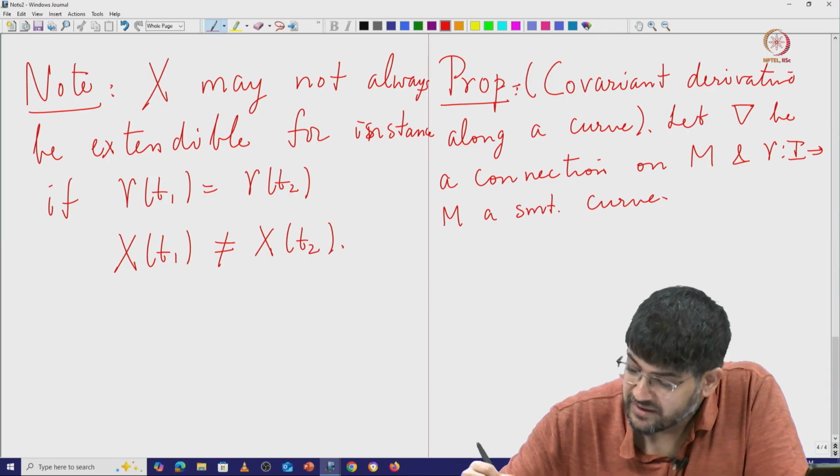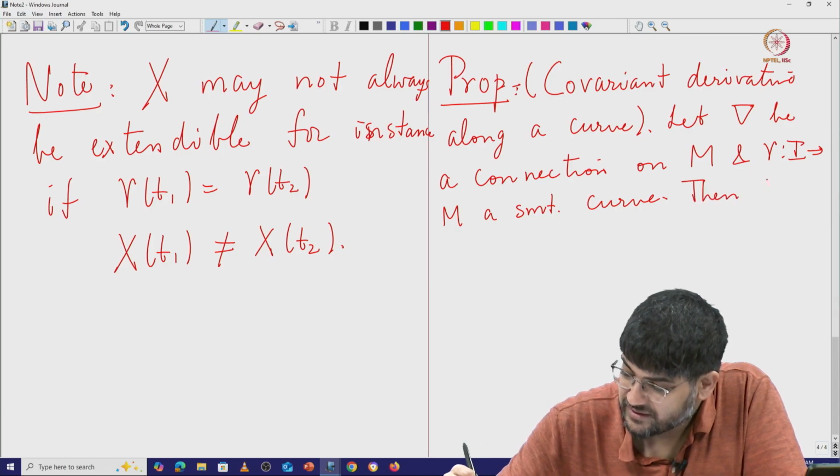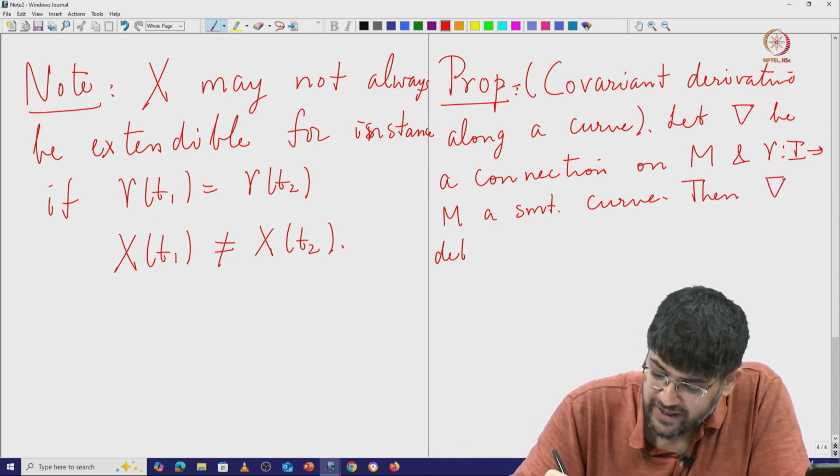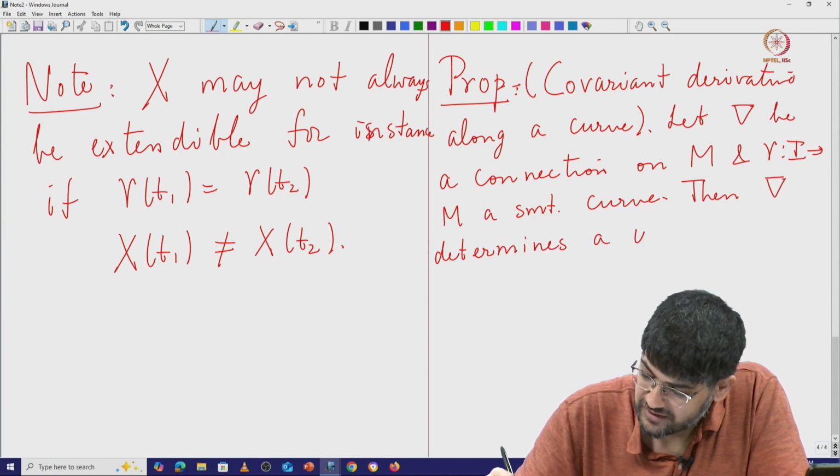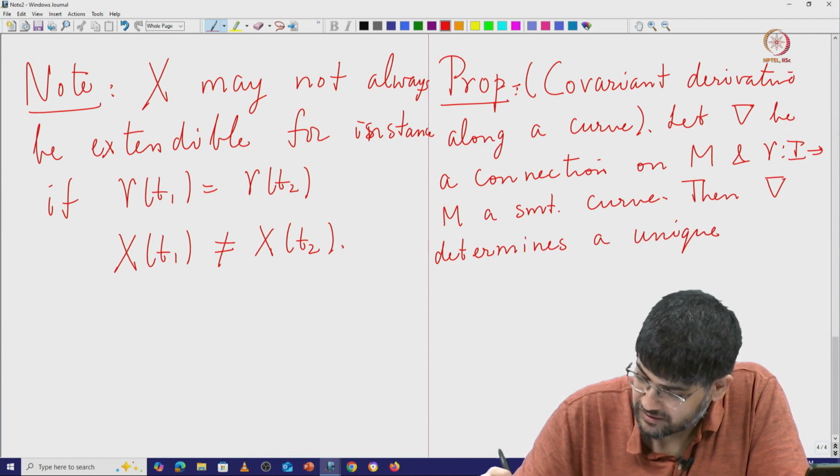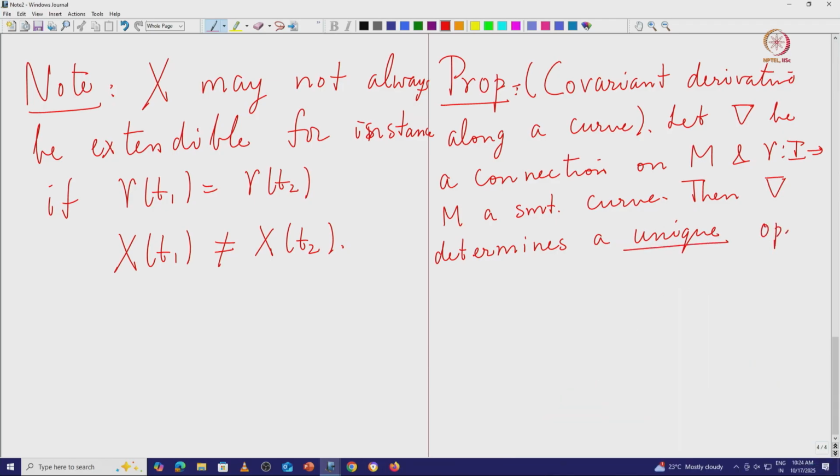Then nabla determines a unique operator, which is usually denoted by this script D. So this takes in a vector field along gamma and spits out another vector field along gamma, such that it has the following properties.